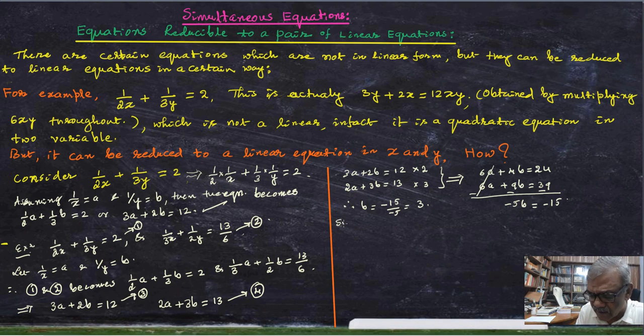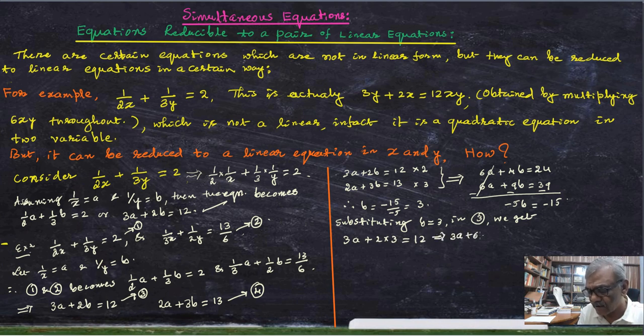And substituting b equal to 3 in equation number 3, we get 3a plus 2 into 3 equal to 12, which implies 3a plus 6 is equal to 12, and 3a equal to 6. Therefore, a equal to 2.